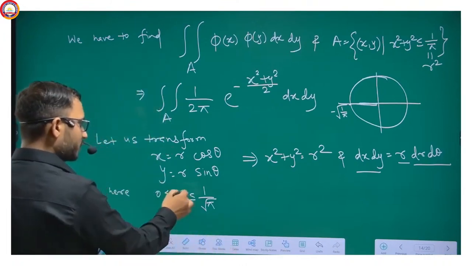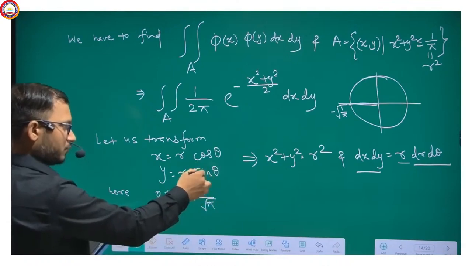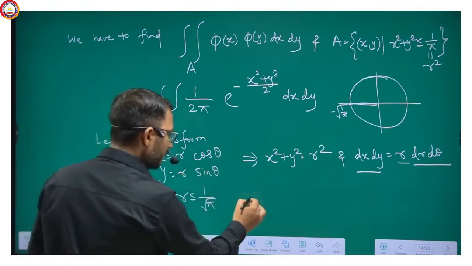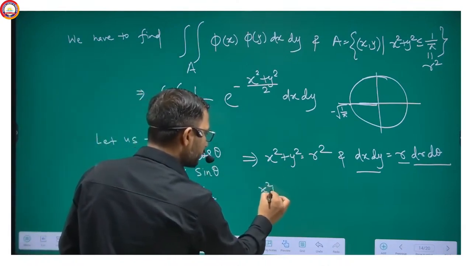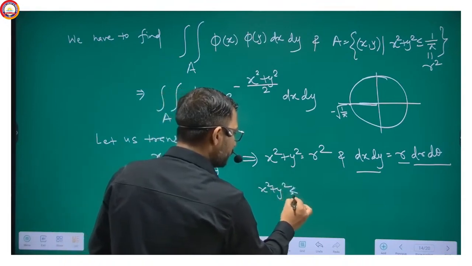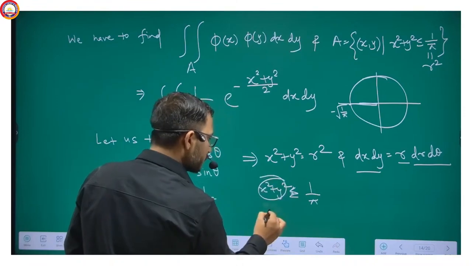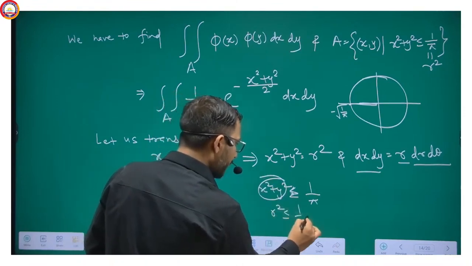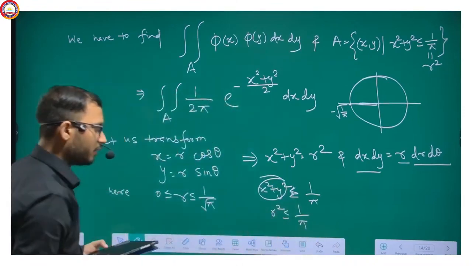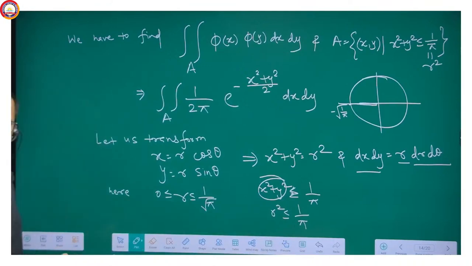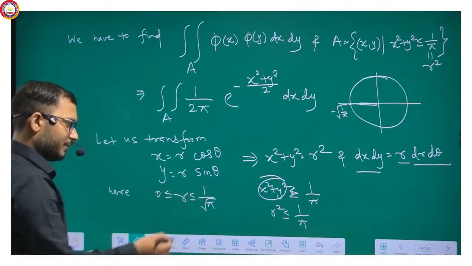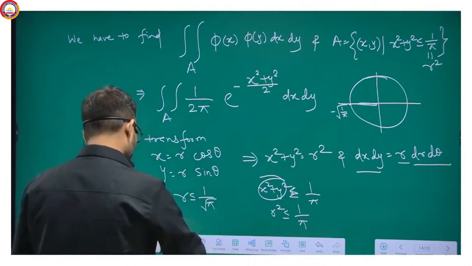Because x squared plus y squared is less than or equal to 1 by pi, and this is r squared, so r squared is less than or equal to 1 by pi, and r is less than or equal to 1 by root pi. That's what I am doing here.